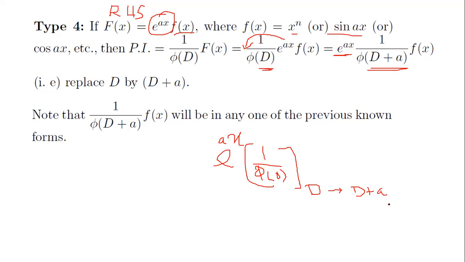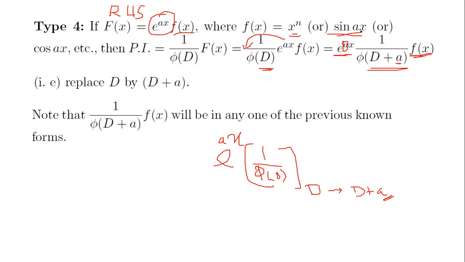So here what is a? This a is not based on the trigonometric or algebraic part. This a is based on the exponential, whatever the coefficient is here in e power ax. It is not based on F of x. What is F of x here? Trigonometric or algebraic.